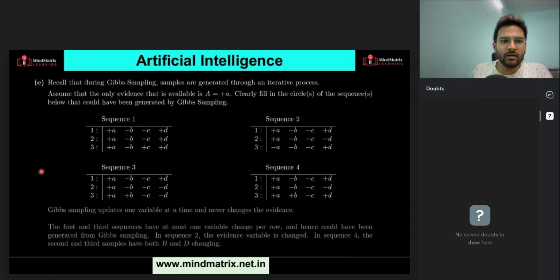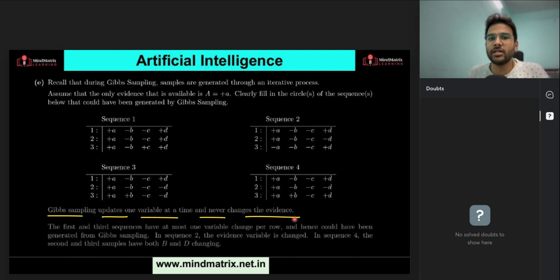Okay, so let's see here the explanation also given to you. Gibbs sampling updates one variable at a time and never changes the evidence. Now this is important, as I told you. Clear? More than or equal to 2 is a no. Why? The reason is simple, right? Gibbs sampling updates only one variable at a time.